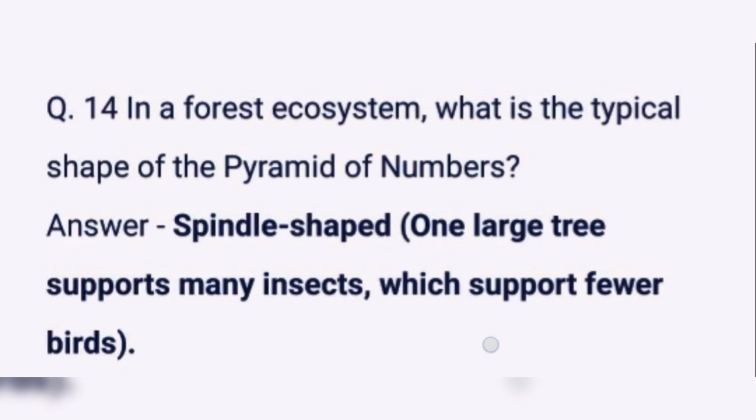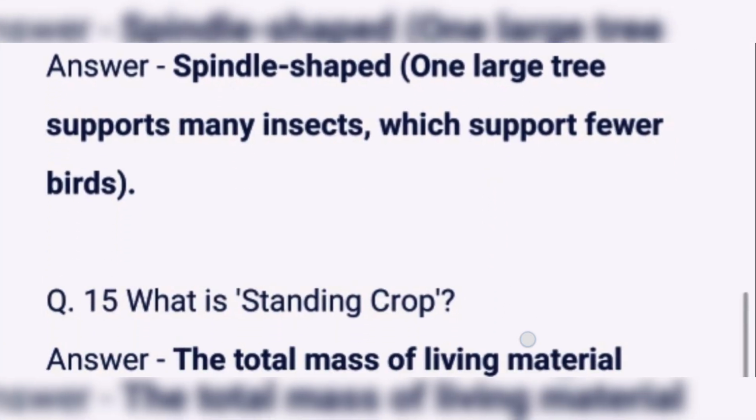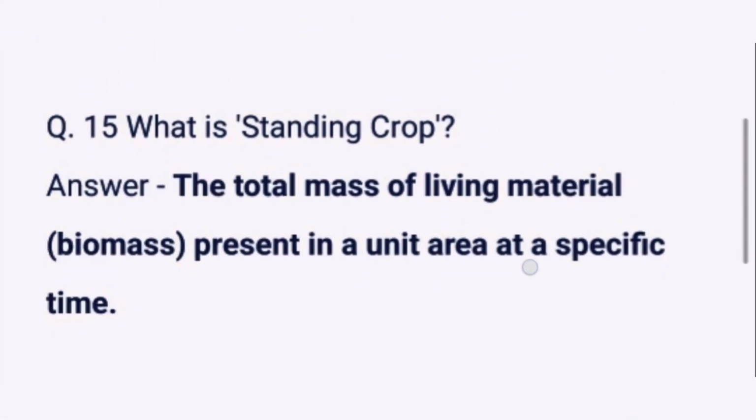Answer is spindle shaped. One large tree supports many insects which support fewer birds. What is a standing crop? The total mass of living material present in unit area at a specific time.